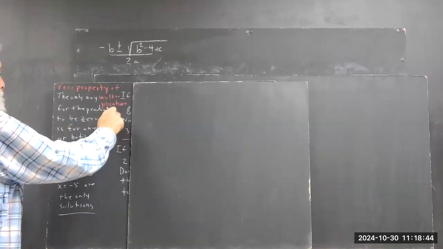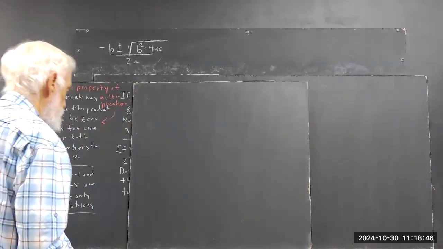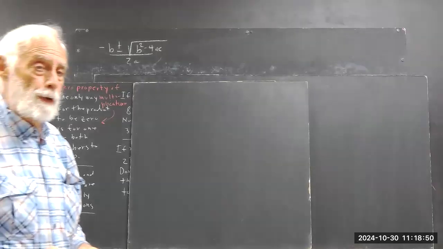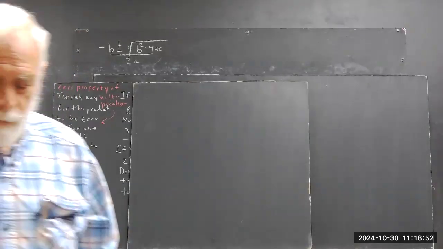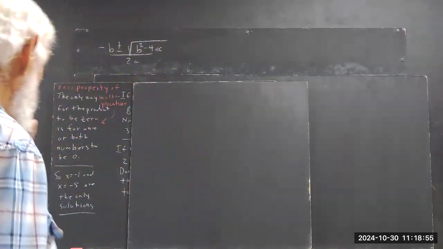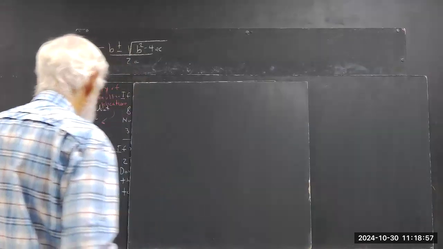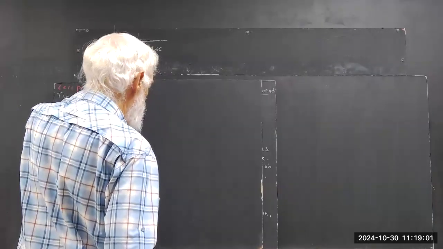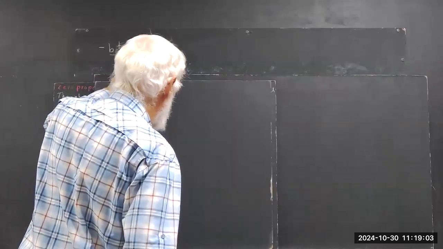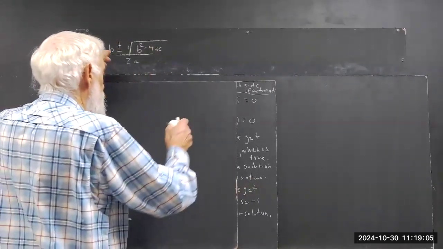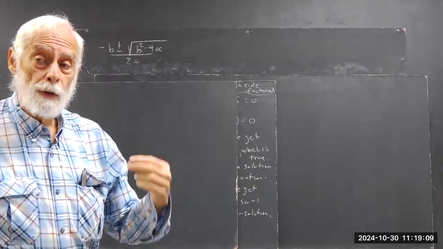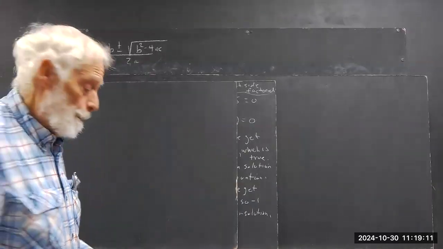But this is the 0 property of multiplication. And you will read that if you read your text. Okay, so again, we're going to solve this equation using the 0 property of multiplication.